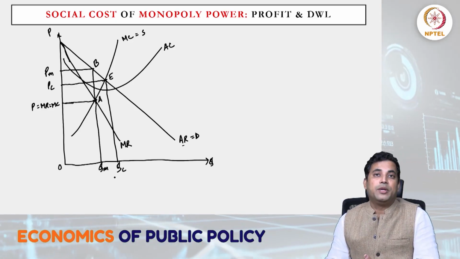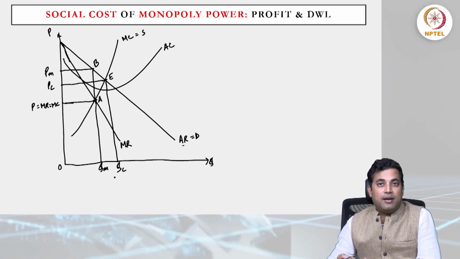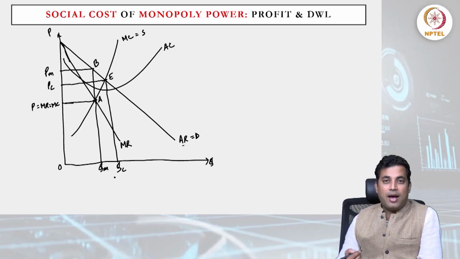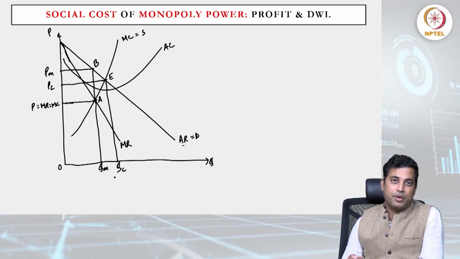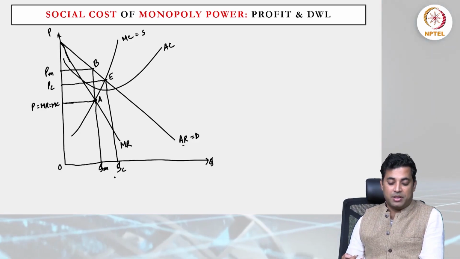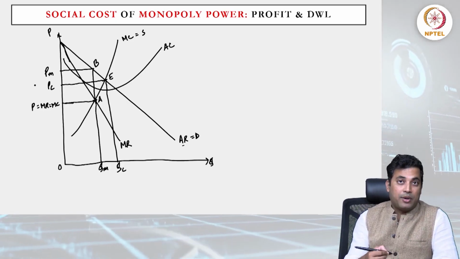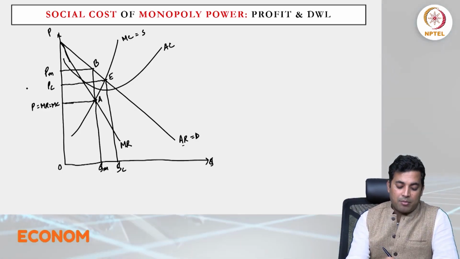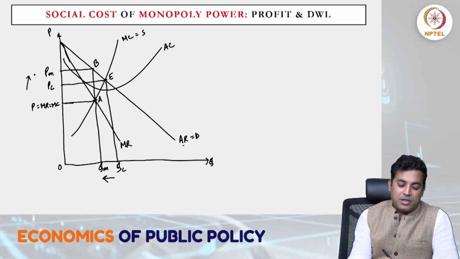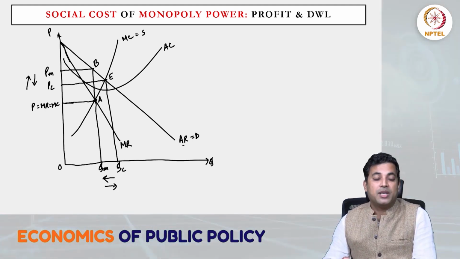In principle we know that the price under monopoly is higher than the price under perfect competition, and the quantity produced under monopoly is less than under perfect competition. That's why under monopoly the market price goes up but quantity goes down, while under perfect competition price goes down but more quantity is produced in the market.